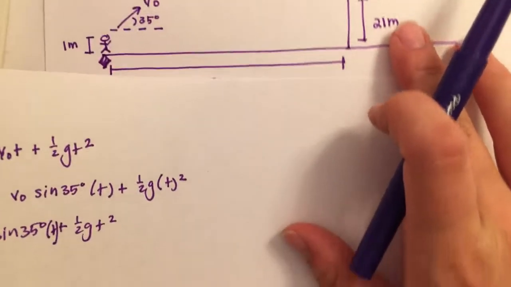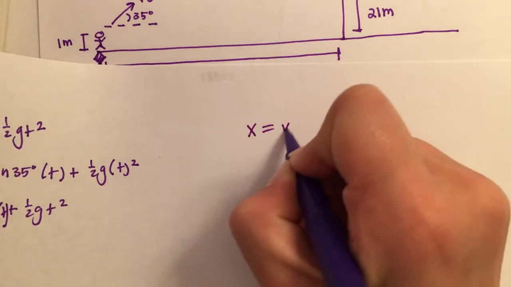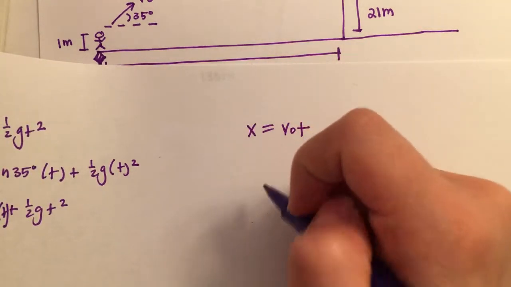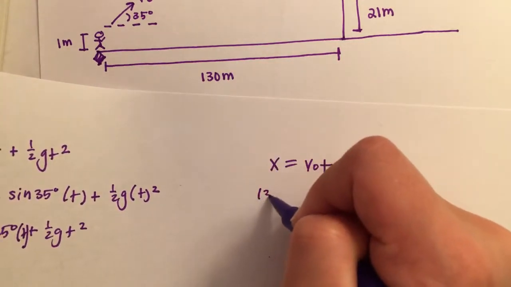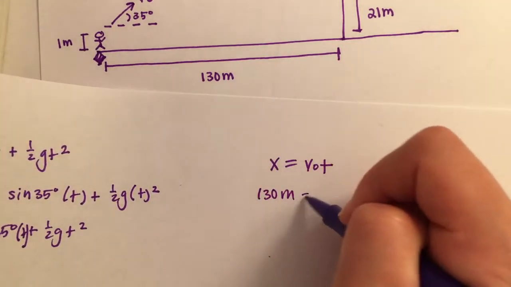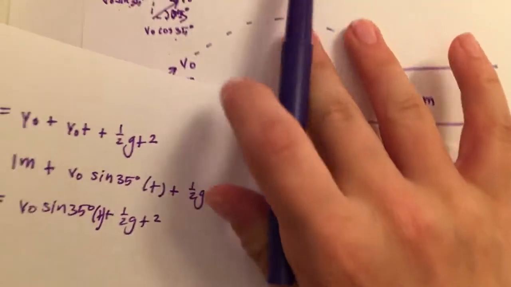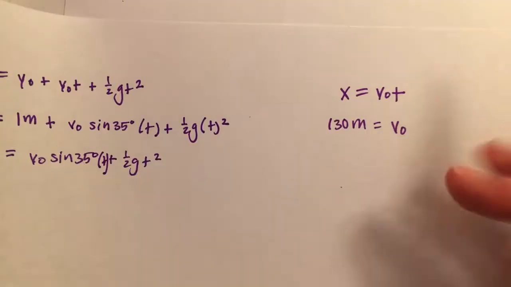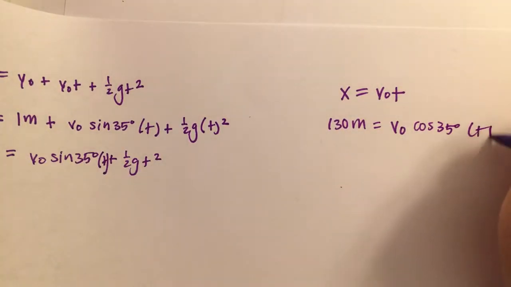Since that is constant, we can find the time by doing x equals velocity initial times time. The ball traveled 130 meters in the x direction, so 130 meters equals velocity initial cosine 35 degrees times time.